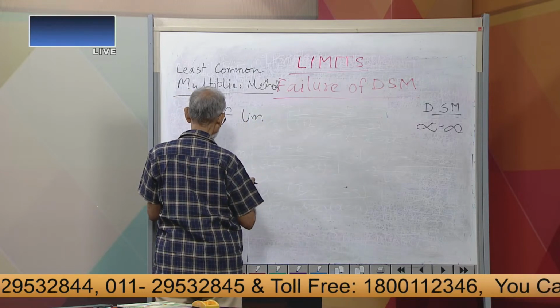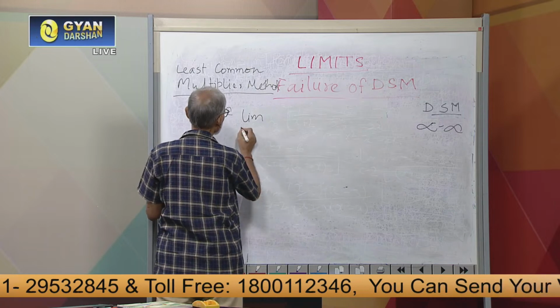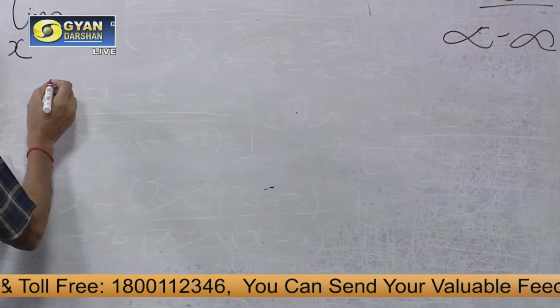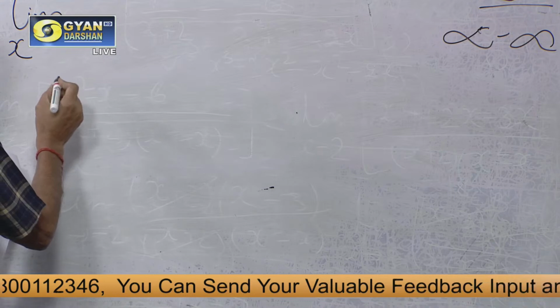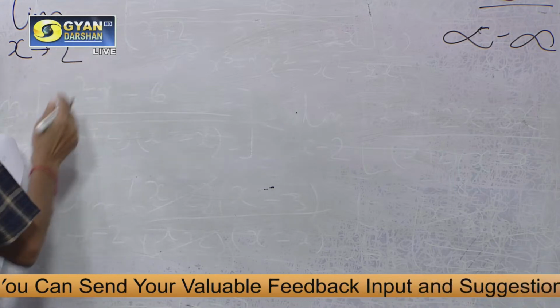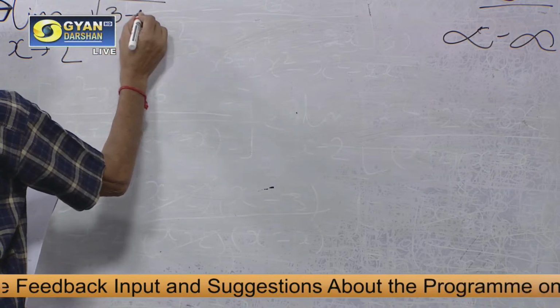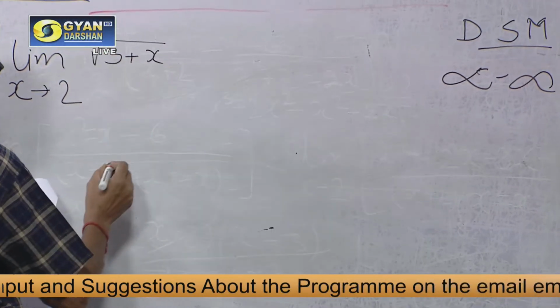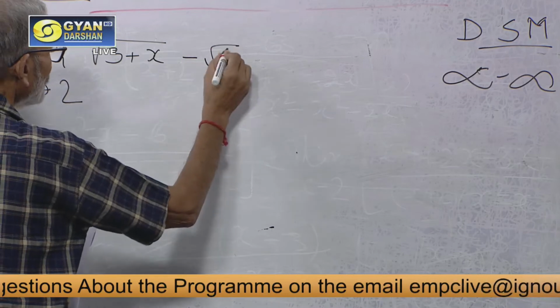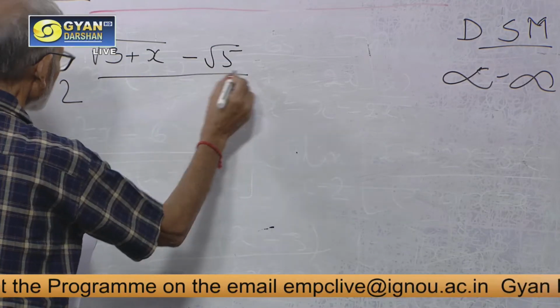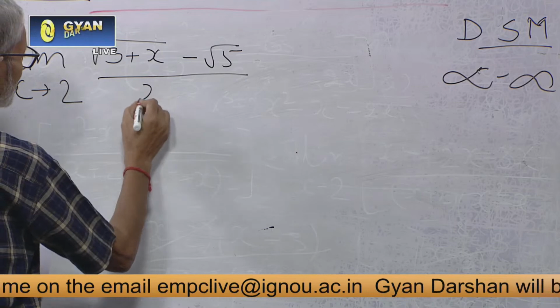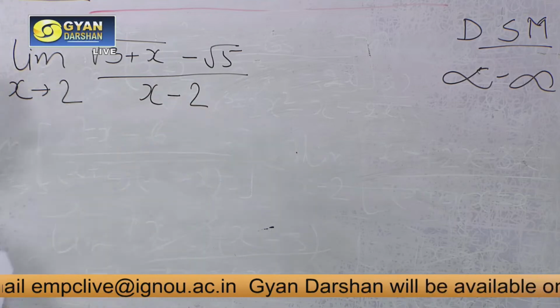Say limit x tends to 2, root 3 plus x minus root 5 divided by x minus 2.